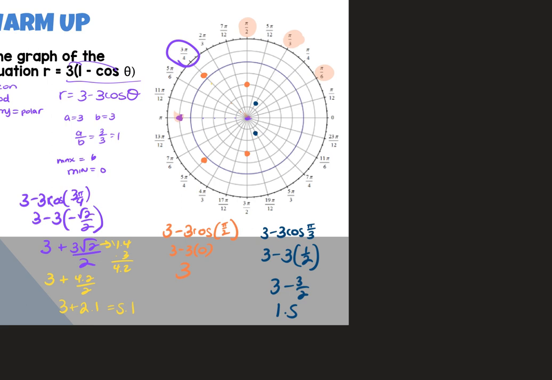So again, with a heart, we'll stop here because we don't need another point. With a heart, that's plenty. One from each quadrant reflected down. With an inner loop, you're probably going to need at least one more. So I would have also done pi over 6 to get that loop on the inside. So this shape looks like that.